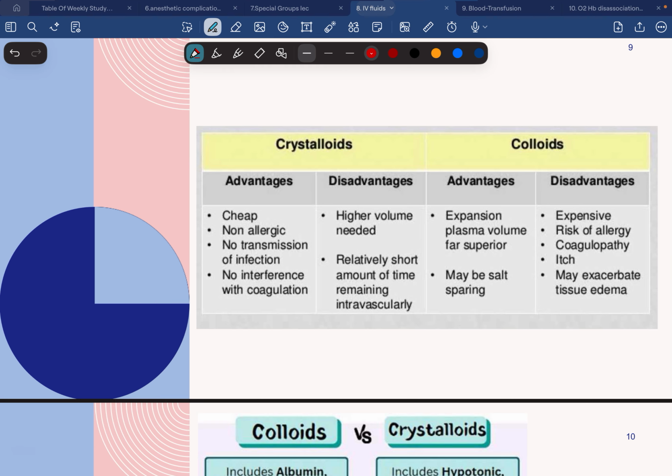Disadvantages: higher volume needed and a relatively short time remaining intravascularly. The rest, 75%, will shift into the interstitial space. Colloids: expansion of the plasma volume is far superior, maybe salt sparing, unlike the crystalloids. But they are expensive, with risk of allergy, renal dysfunction, coagulopathy, itching, and may exacerbate tissue edema.